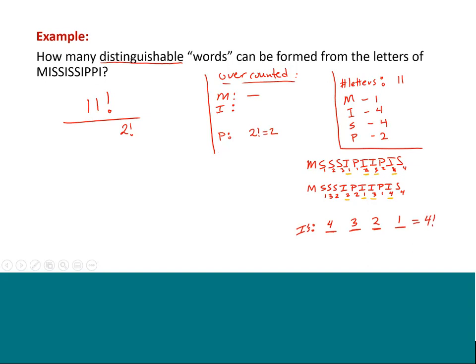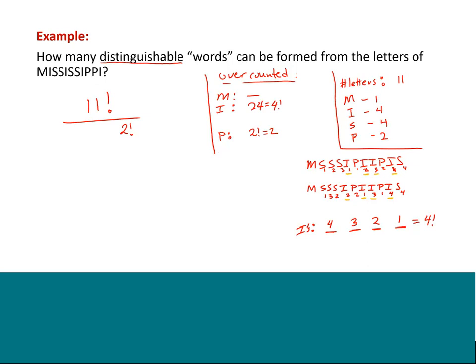It all looks like the same word if you actually wrote it out without the subscripts, but the 11 factorial is scrambling these little subscripts on the I's. We're not actually going to have any of those subscripts at the end of the day, so we need to stop overcounting by having 24 different copies of literally the same word. So in terms of our overcounting for I, you'll have 24, or 4 factorial, factors of overcounting per word.